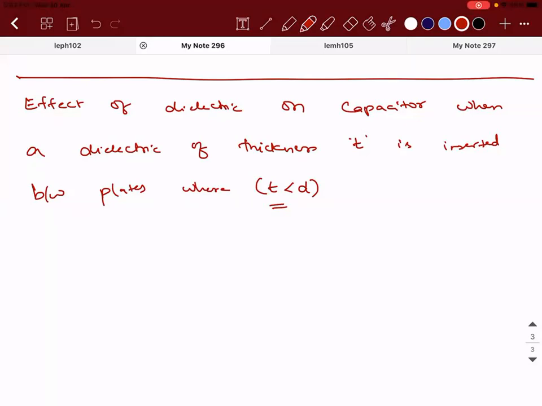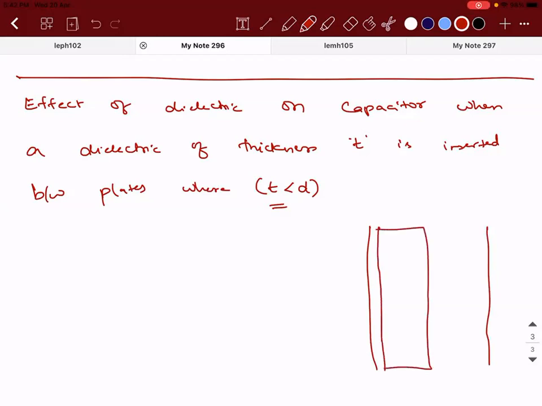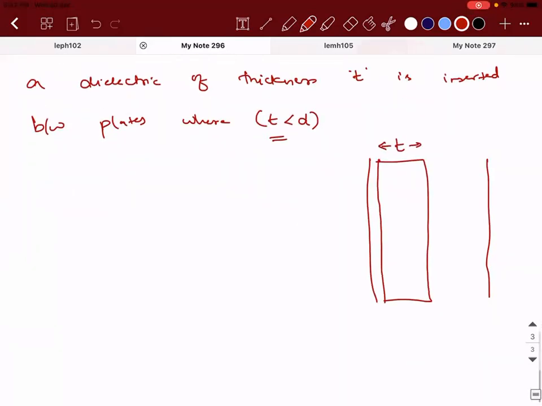Now see, if you look at the diagram, it is going to be in this way. You have two plates between which you have inserted a dielectric of thickness T. And the distance between the plates of the capacitor is D. Then how much is the outside medium?